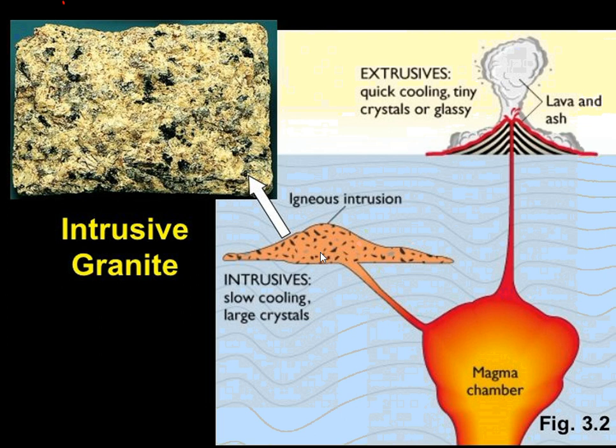So as it cools and solidifies, the crystals that solidify and form get very large. The longer it takes to cool, the larger the crystals grow. And these rocks tend to have large intergrown crystals as a result. So here, for example, is a piece of granite where you can actually see, without a hand lens, large crystals intergrowing together.